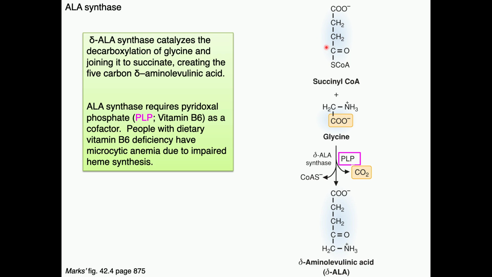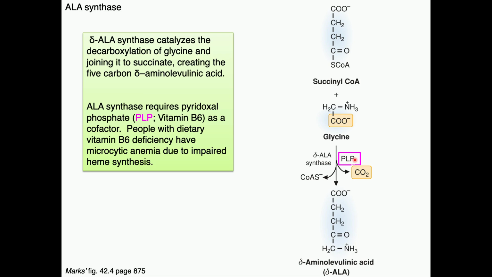ALA synthase in both erythroid and hepatic cells requires pyridoxal phosphate, vitamin B6, because one of its substrates is an amino acid, so that makes sense, and its product is an amino acid.